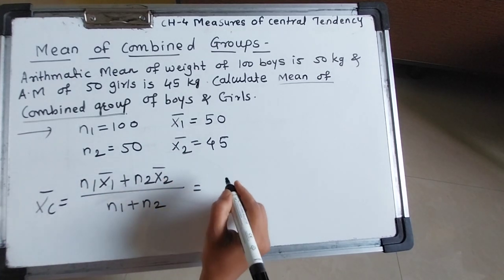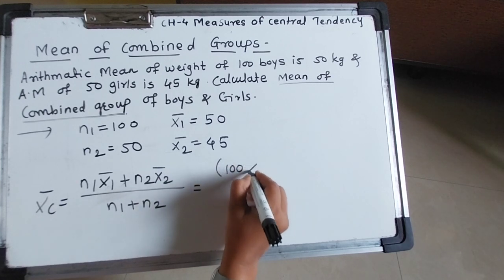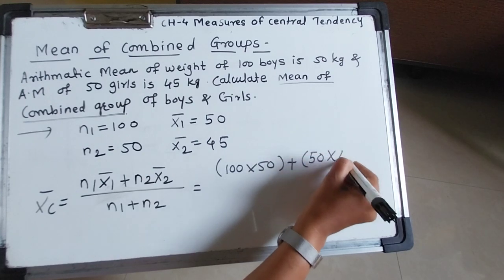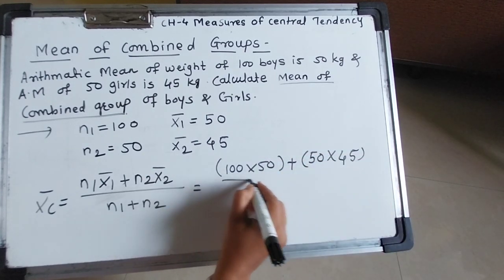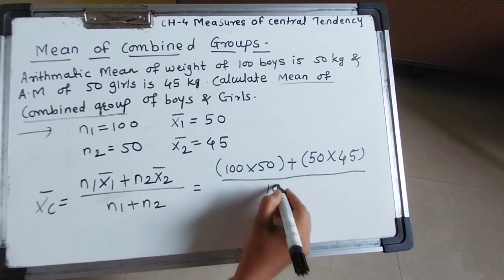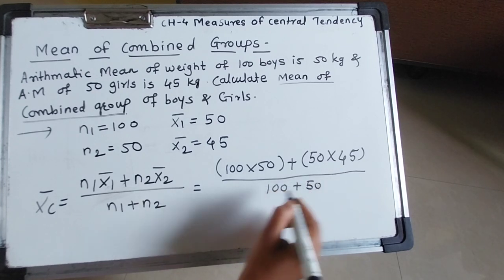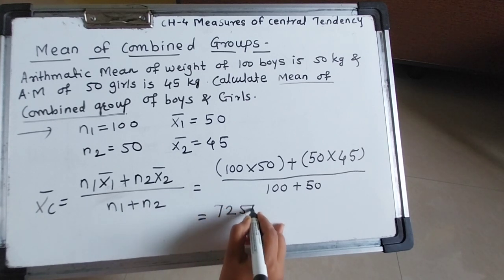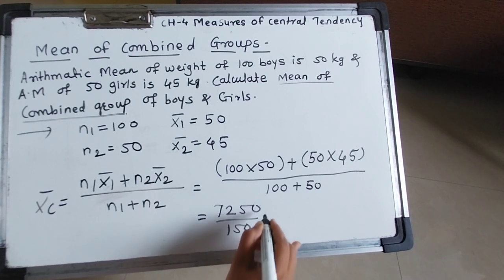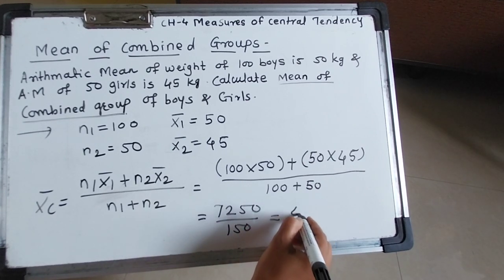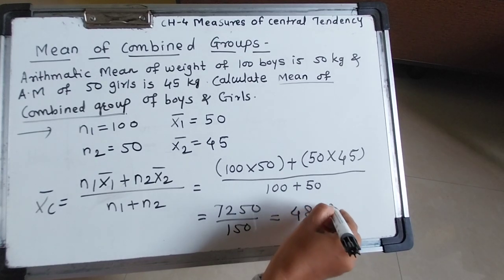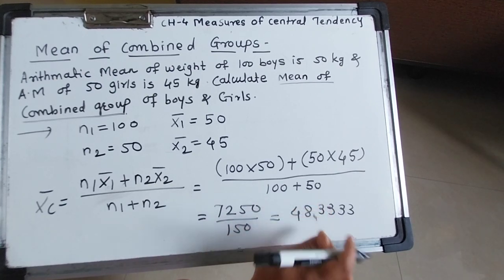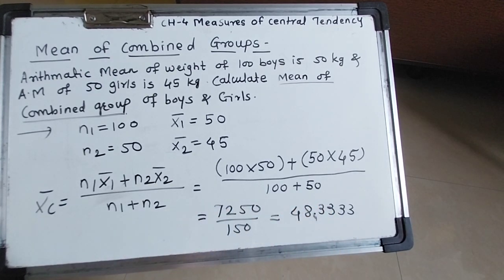So 100 into 50 plus 50 into 45 divided by 100 plus 50. Put all values in the calculator and find out. It is 7250 upon 150 and xc bar is equal to 48.3333. This is the combined mean.